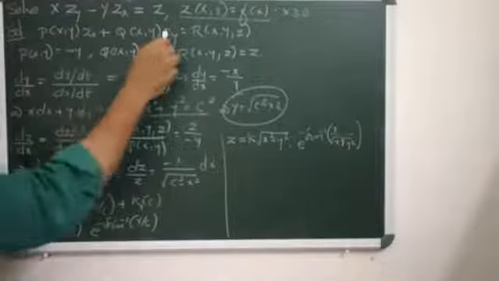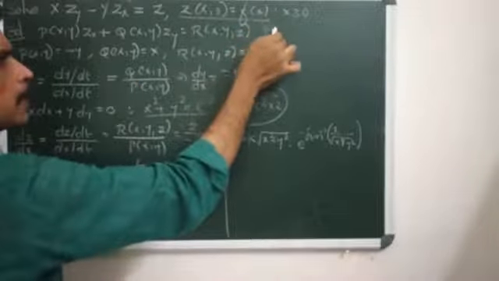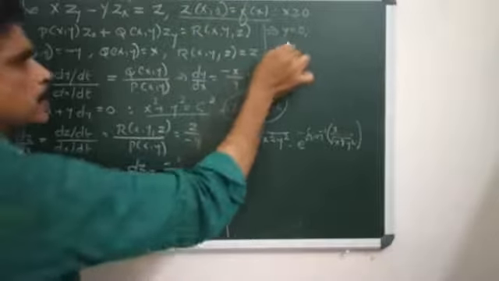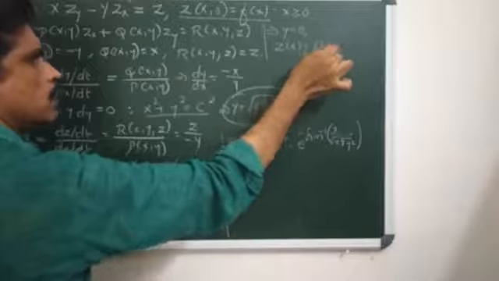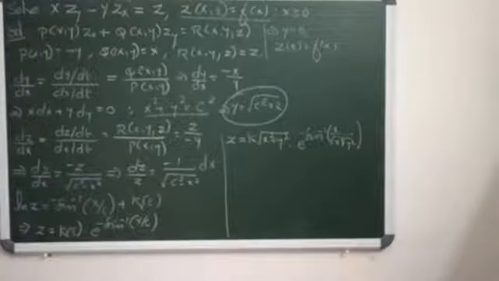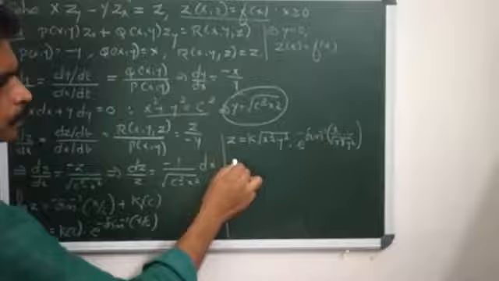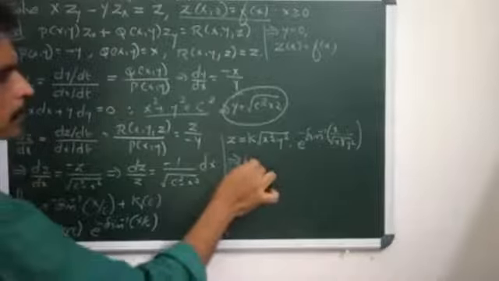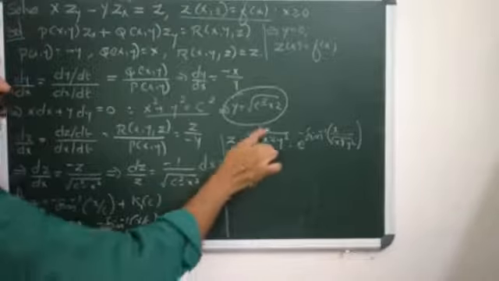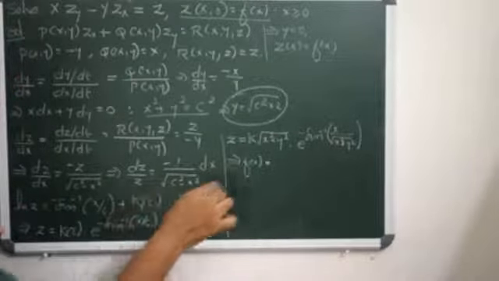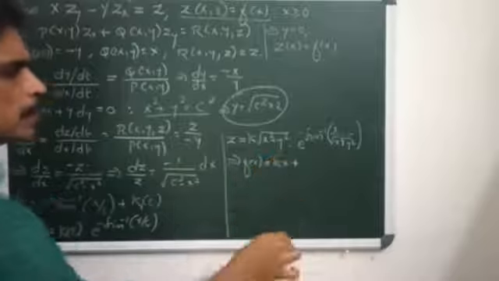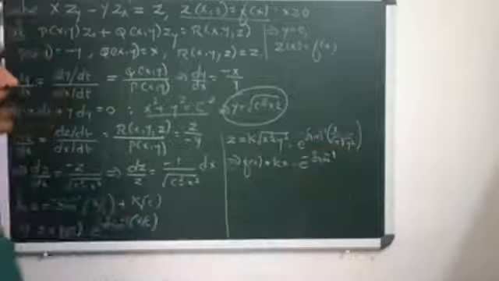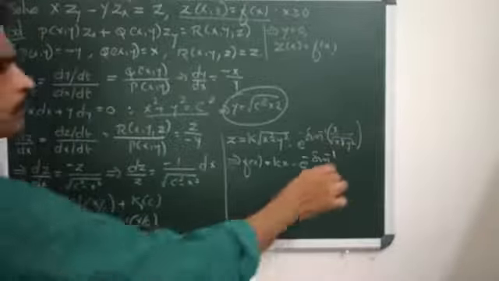So by using the initial condition, we have f of x equals k into root x square plus 0, that is k of x, into e power minus sine inverse of x by x, sine inverse 1.